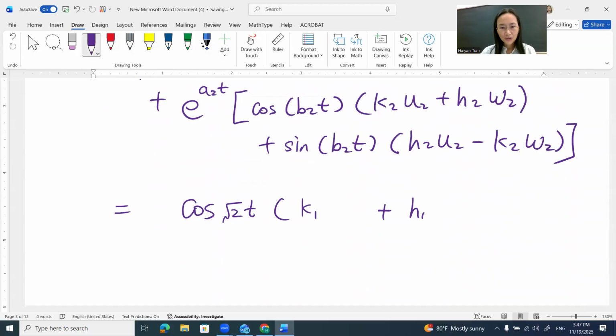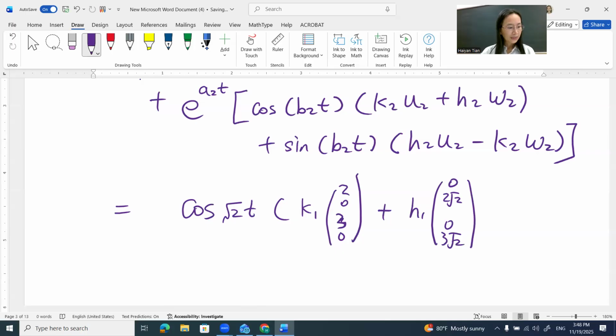So we have u1, w1, and this part plus some sine, sine b1 t times h1 u1, where u1 is still the same vector.